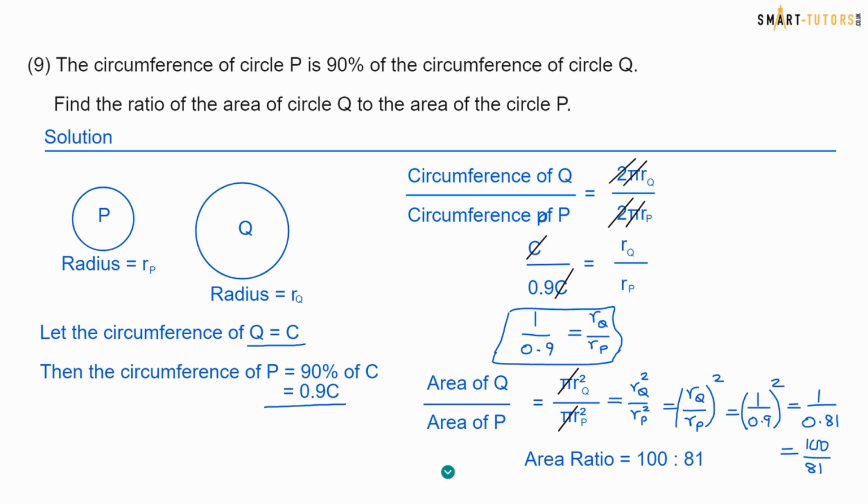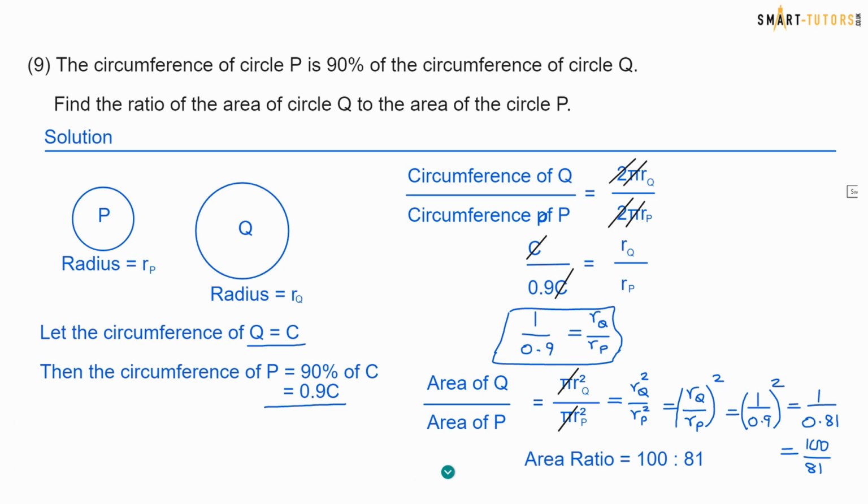So 1 squared is 1, 0.9 squared is 0.81. To get rid of the decimal, I'm multiplying both by 100, so 100 over 81. So the area ratio of Q to P is 100 is to 81. Q is 100, P is 81. That is the solution for question number 9.